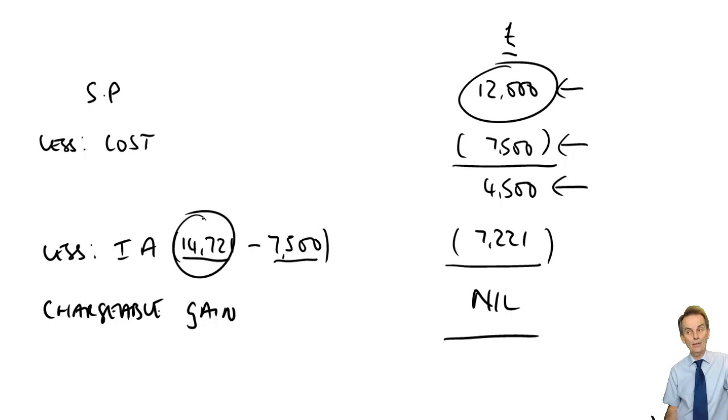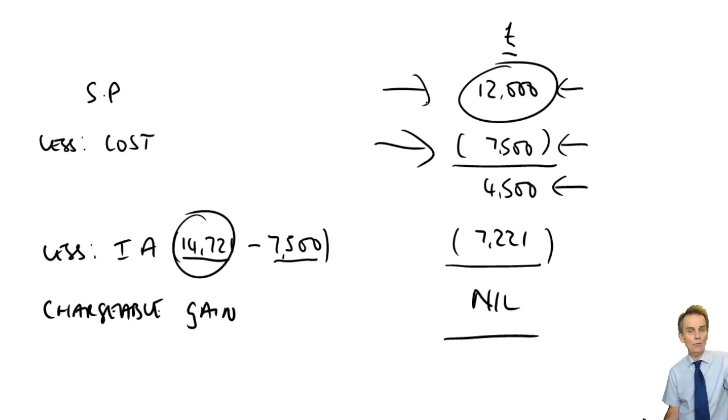No, there is no such loss. We have to check that there isn't an allowable loss, but that would only be the case if that cost figure, 7,500, was greater than the proceeds of 12,000. Only then would you have an allowable loss for the company on this disposal. So the indexation allowance can only bring down the unindexed gain to nil.